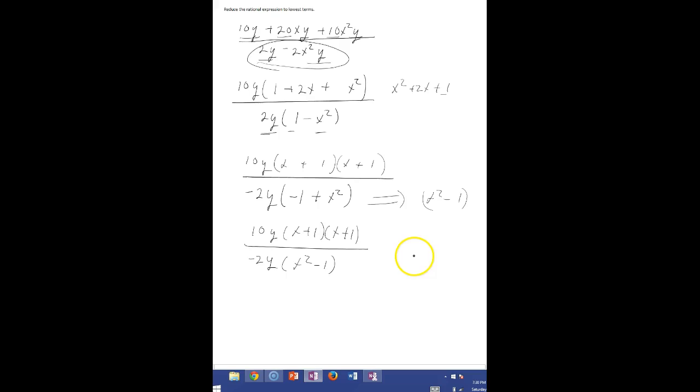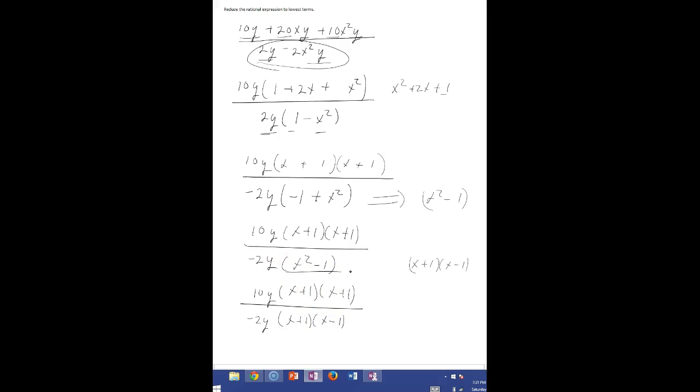Well, x squared minus 1 factors into x plus 1 times x minus 1. So this becomes 10y times x plus 1 times x plus 1 divided by negative 2y times x plus 1 times x minus 1.